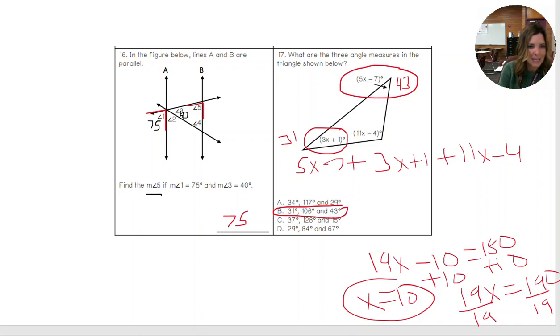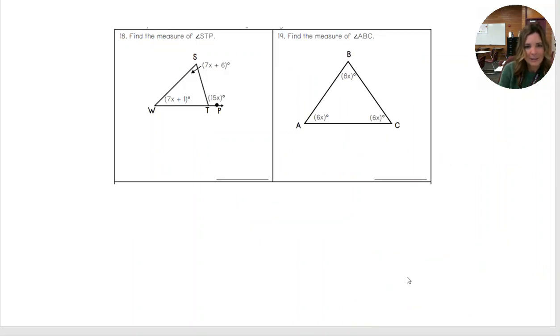Okay, let's do the next ones. For this one, this is another exterior angle question. So we know this is our exterior angle. The exterior angle of a triangle is always equal to the two remote interior angles added together.